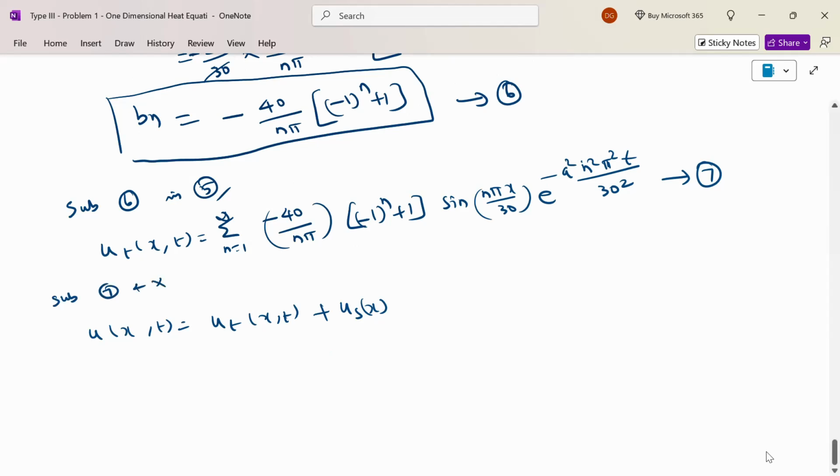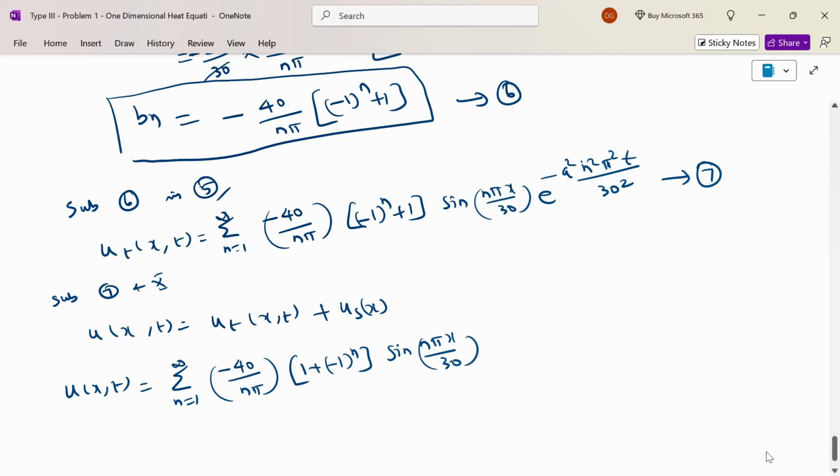Okay, and now substitute 7 and 10. Therefore u of x comma t equal to sum n from 1 to infinity minus 40 by n pi, 1 plus minus 1 power n, sin n pi x by 30, then e power minus a square n square pi square t by 30 square, and then plus the us of x value.